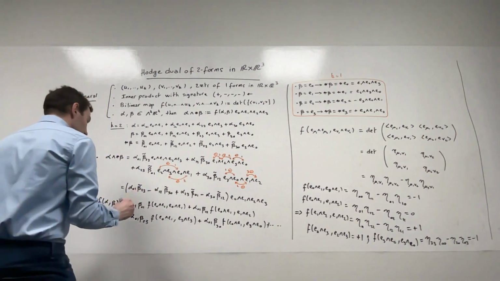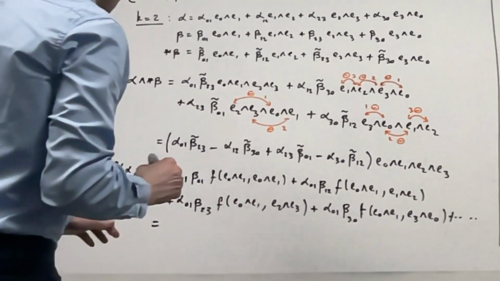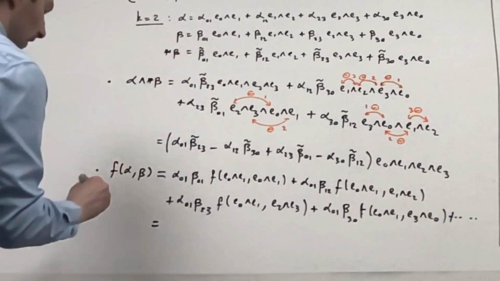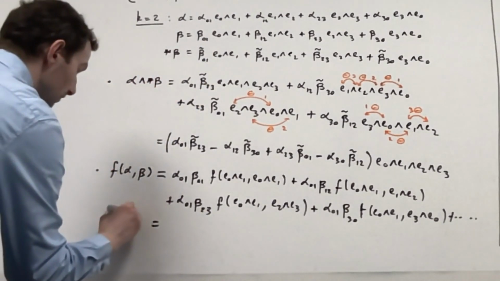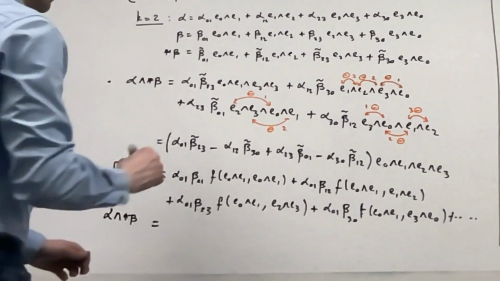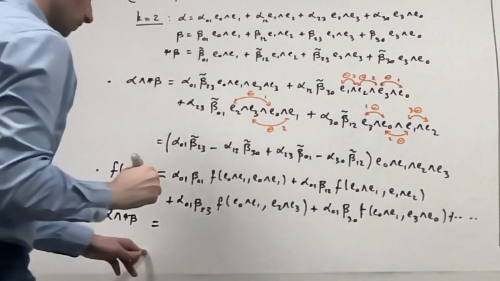So here what we get for alpha wedge beta, going by that definition, is the following.